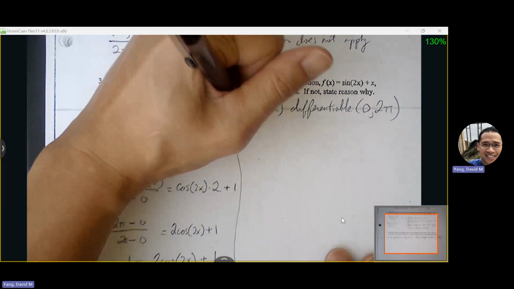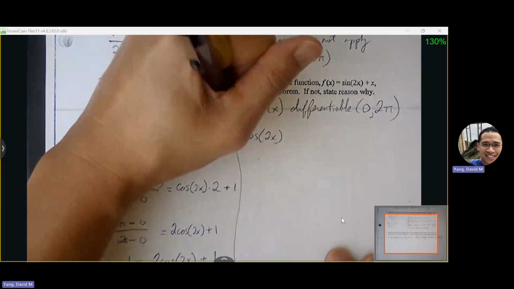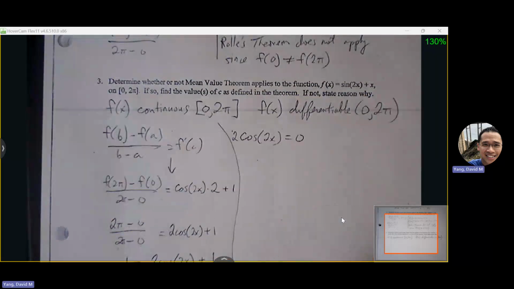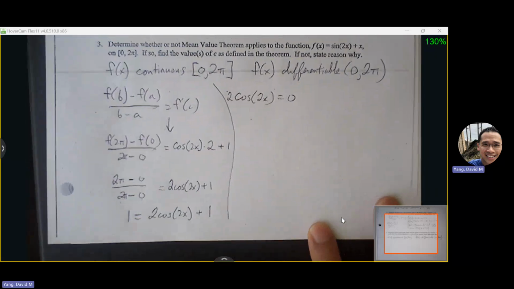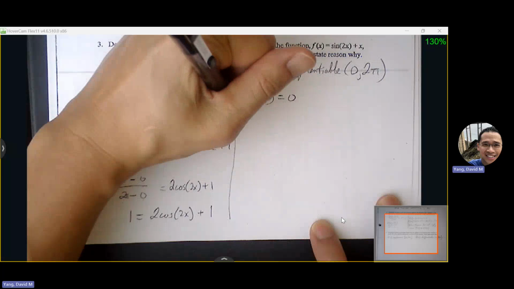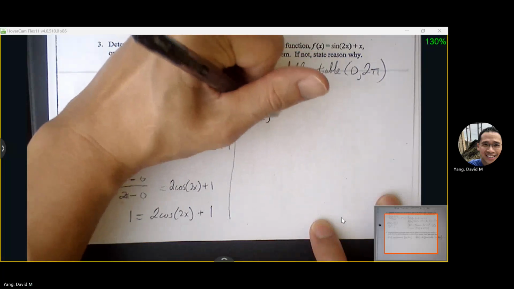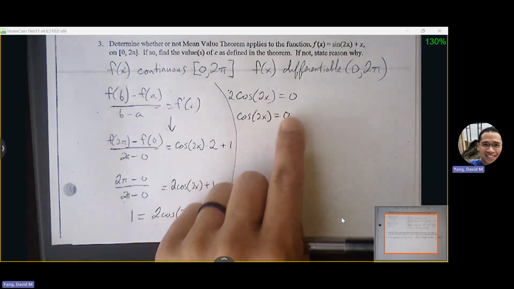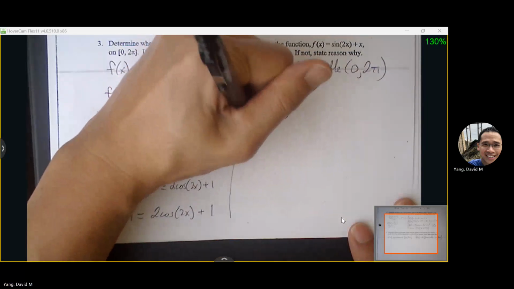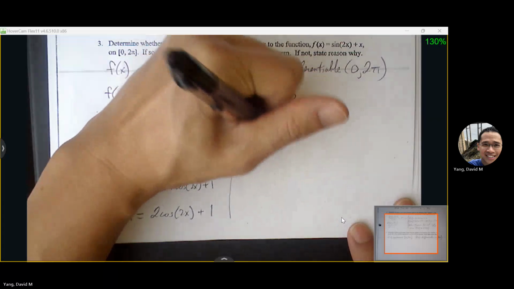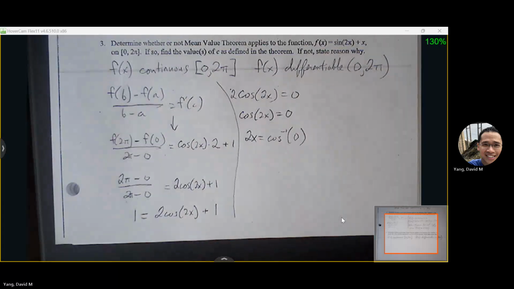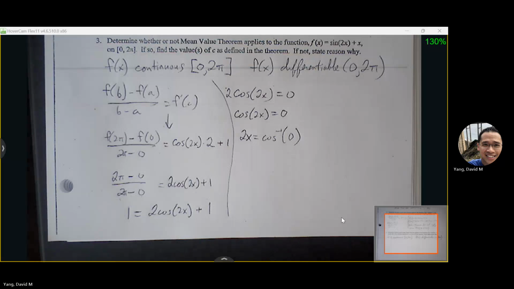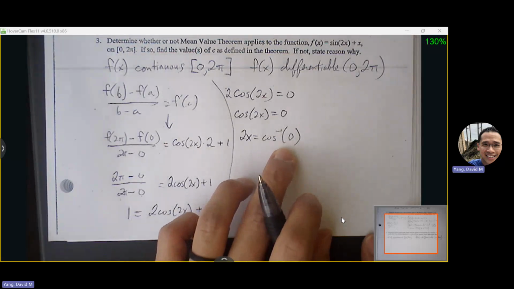So we end up with 2 cosine of 2x equals 0 because the ones cancel out. Divide both sides by 2. Okay. We do inverse cosine here. We ask ourselves, where are all the values where cosine is equal to 0?